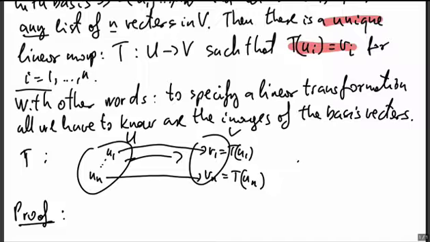You already saw linearity and vector space properties are very closely related.